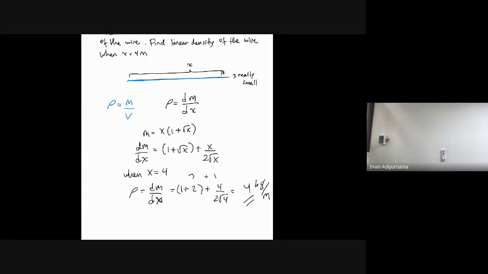Like this one, you don't really need to think about the volume. You need to think of what this linear means. Linear means only one side, right? So probably it's just the distance, this whole distance, because you are ignoring the part of the wire which is the surface area, the circle.